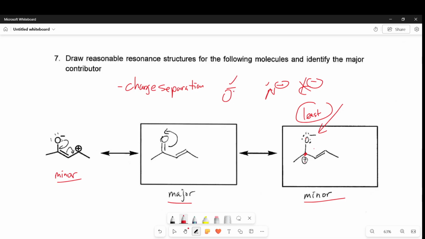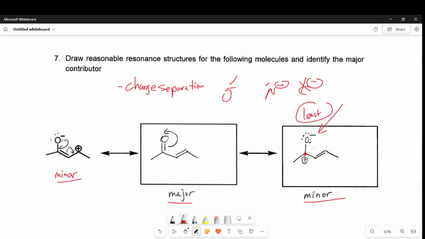So always the negative charge should be on a more electronegative atom. There are some rules which are described in that video, and I really encourage you to go through my video lecture on resonance.